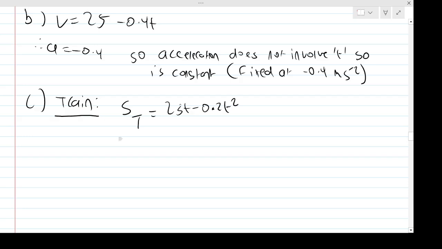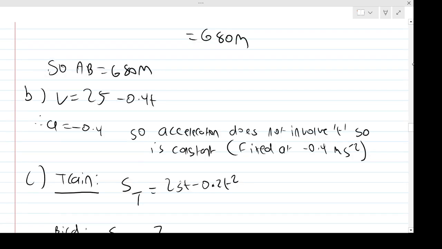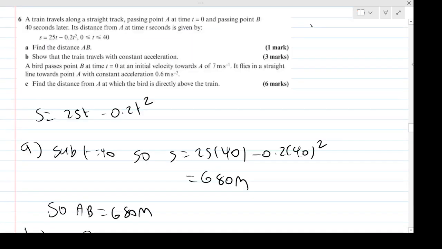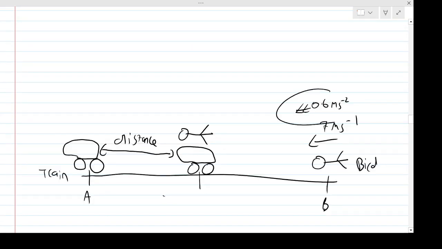So that's great, but then the bird is a bit more complicated because I don't have a displacement formula for the bird, but I'm going to need to work one out. So then SB, well, at the moment I don't know what the formula for the displacement of the bird is, but what I do know is that if I go back to my diagram, it has a constant acceleration of 0.6.